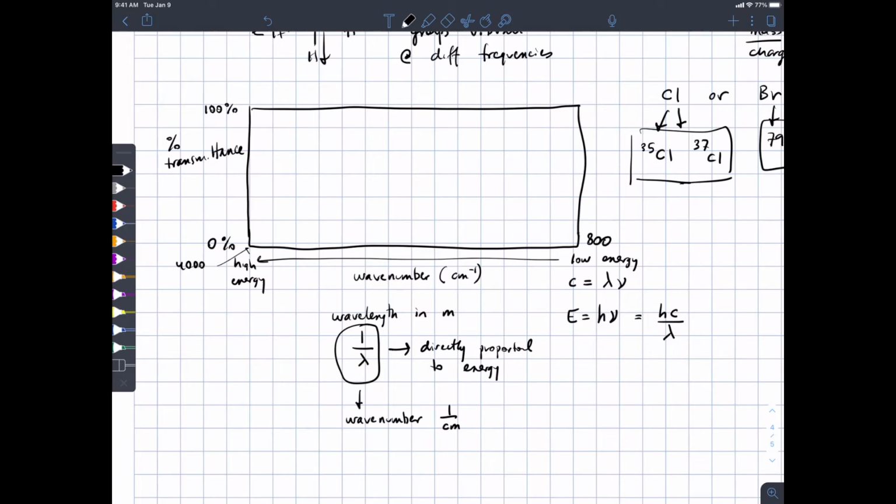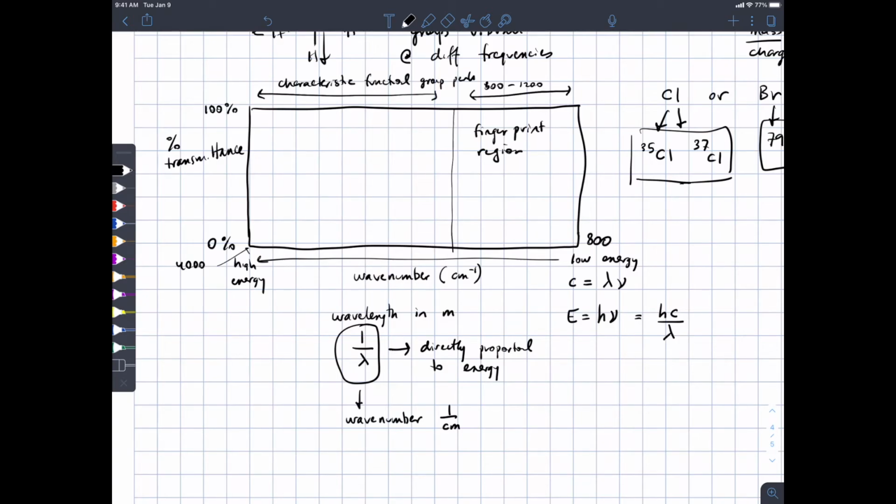And typically the area between 800 and maybe 1,200 is called the fingerprint region. It's unique to each compound and it's difficult to interpret. Some people do, but we won't worry about it. The region beyond that, though, has characteristic functional group peaks.